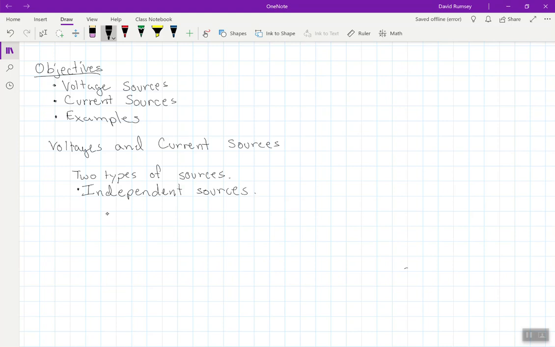The symbols for these are two terminals here and a circle. Depending on what we want, whether it's a voltage or a current, determines what we put in the symbol here. If we do a plus minus, this is a voltage source.